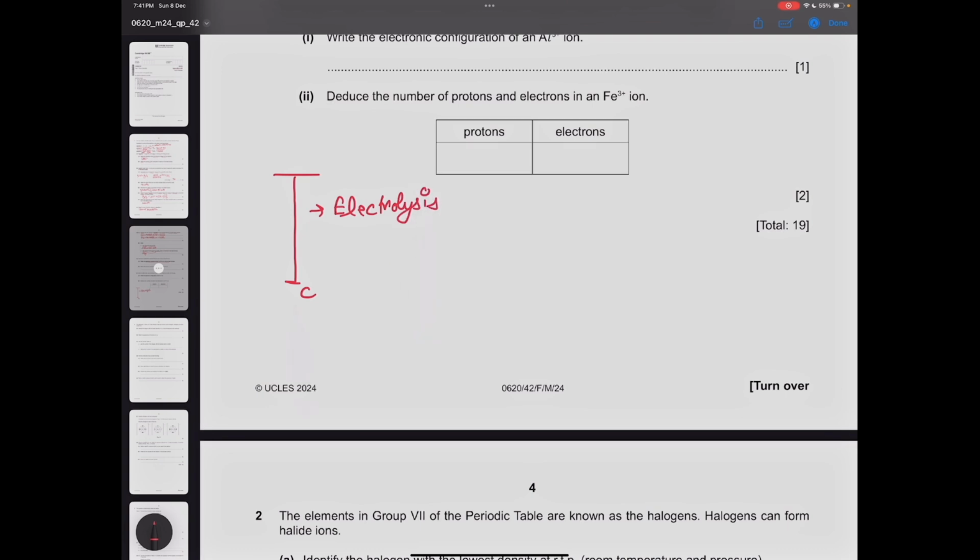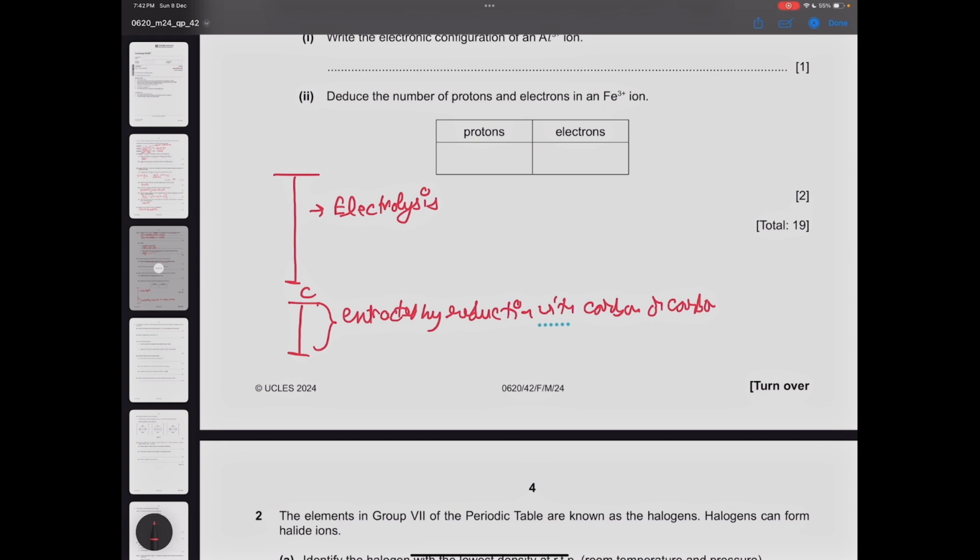And the metals which are below carbon are extracted by reduction with carbon or carbon monoxide because they are less reactive than carbon. So carbon can take away their oxygen, right?